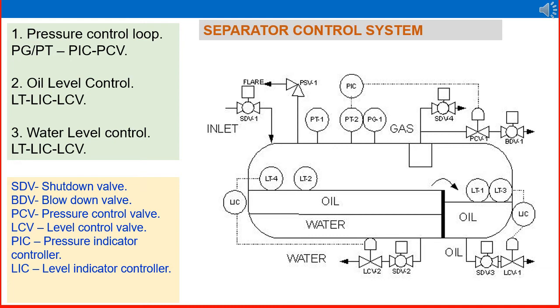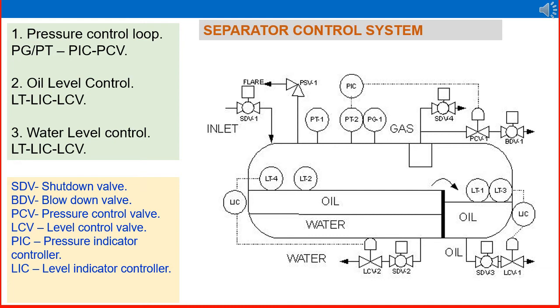For better understanding, some of the other names are shown here in short form, and it is better to understand the full names. SDV is the shutdown valve, the inlet line shutdown valve. BDV is the blowdown valve in the gas outlet, and PCV is the pressure control valve in the gas outlet.